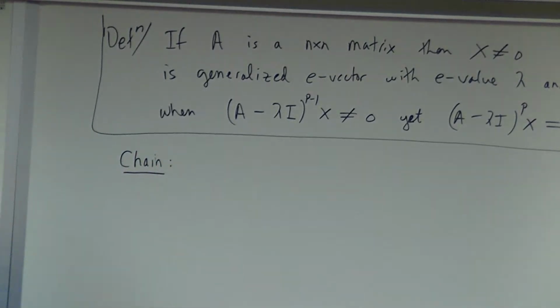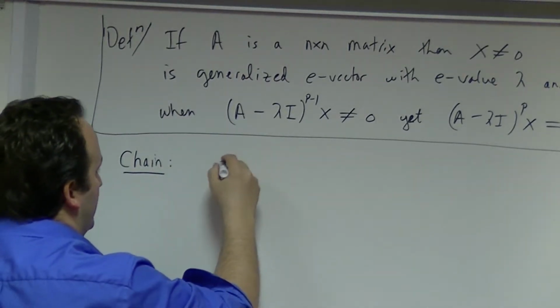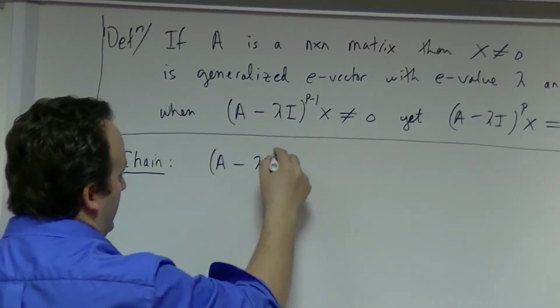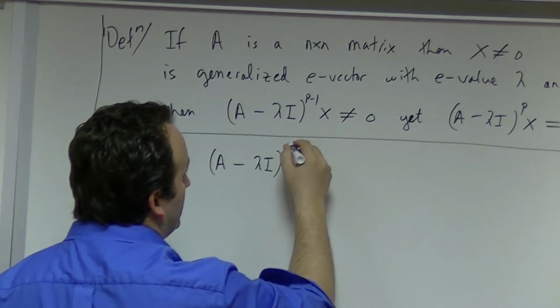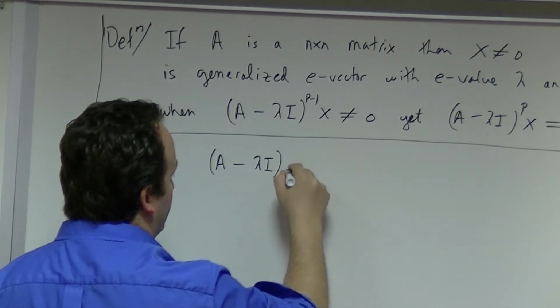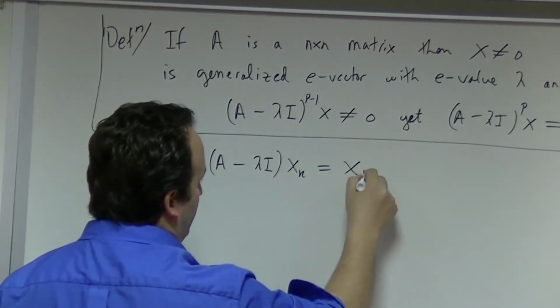So here's a chain. Suppose I have A minus lambda I times xk equal to xk minus 1, right?